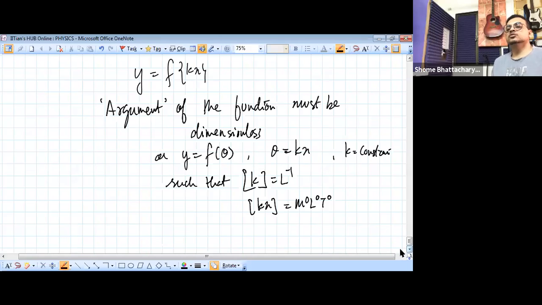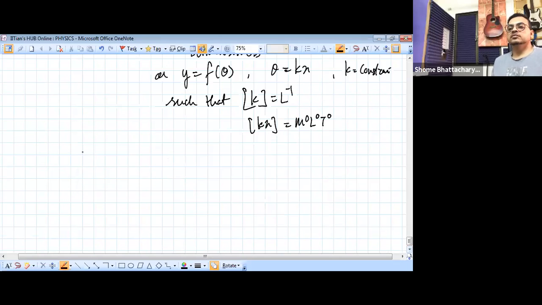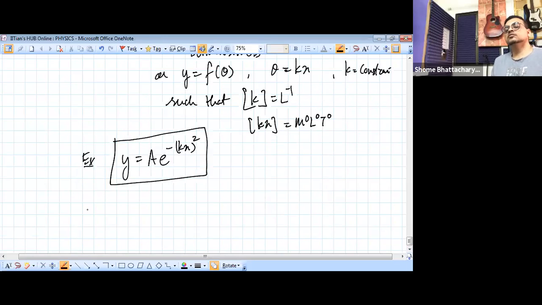So for example, we can have a function like y = A e^(-px^2), where A is a constant in, let's say, millimeters.